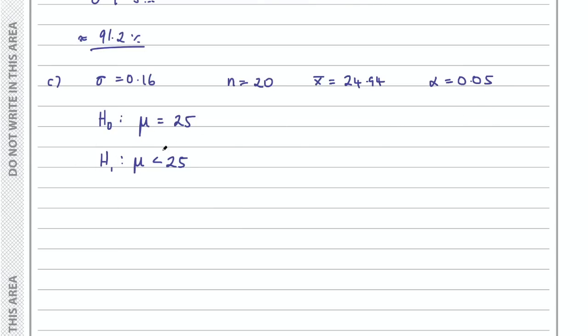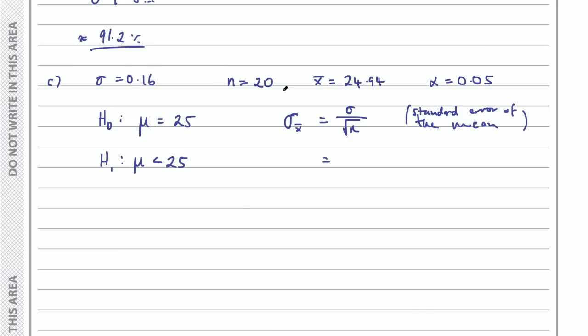How likely is it we would get this result given that the mean actually was 25? And our standard error of the mean, sigma x bar, is equal to the standard deviation divided by the square root of n.